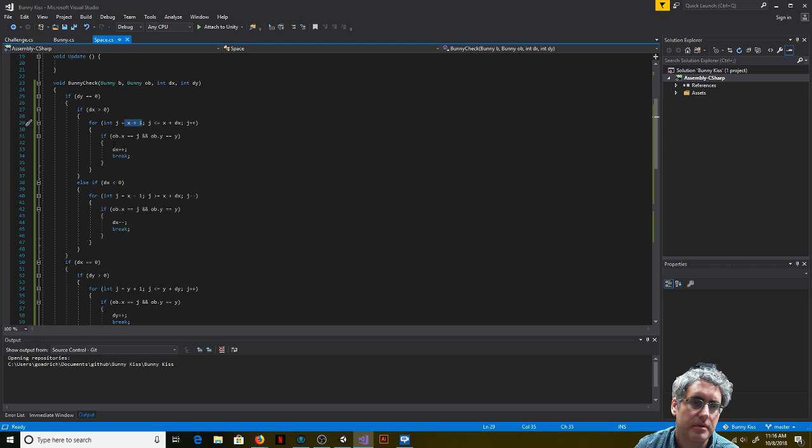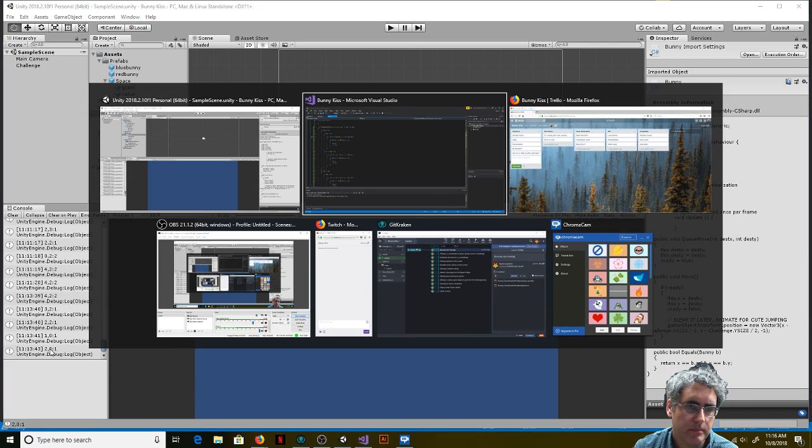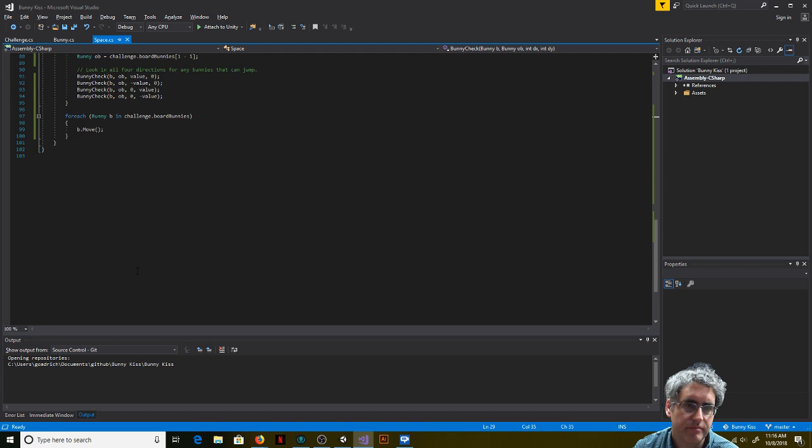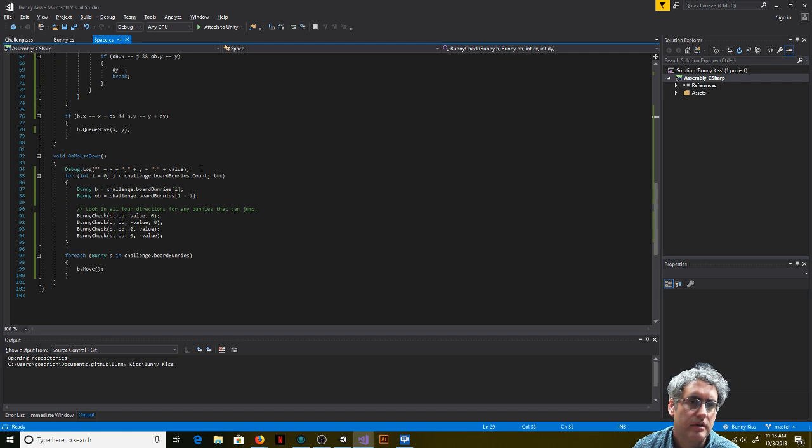Then it's going to go up to 2. Right? I don't understand why it's jumping there. Well, looks like we get to make more debug statements.